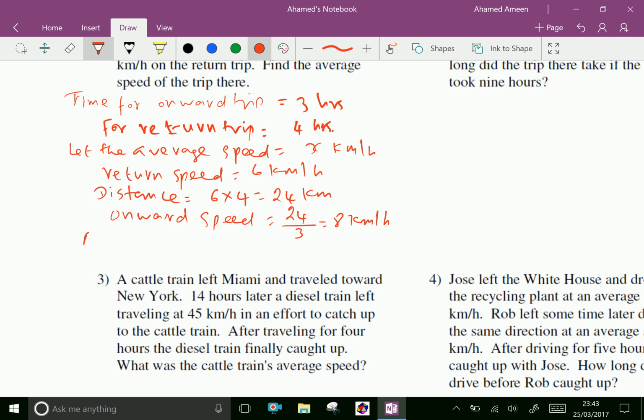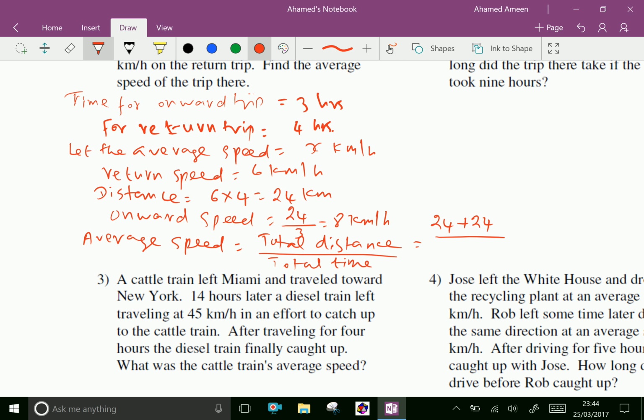Therefore average speed equal total distance over total time, which is equal to 24 onward distance plus return distance 24, adding both, divided by onward time 3 plus return time 4, total 7.